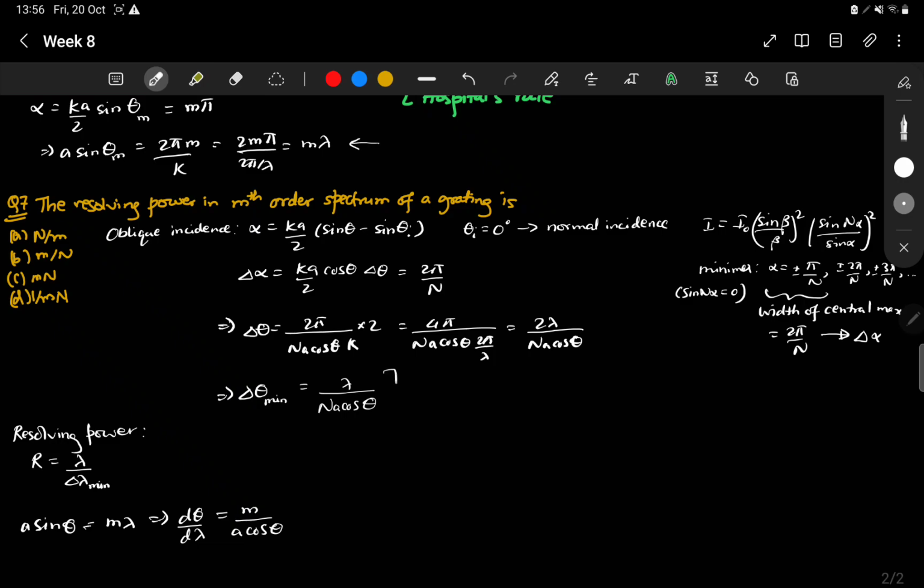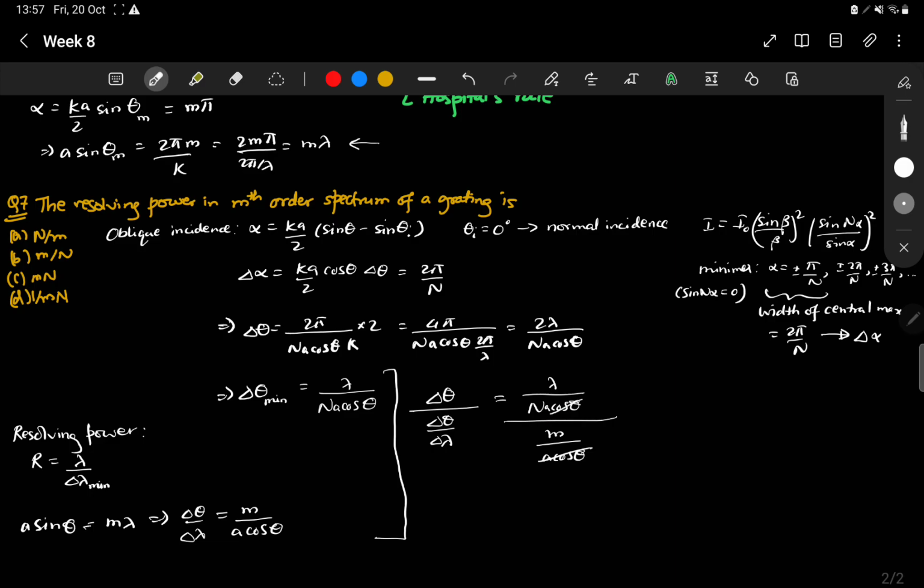So if I combine these two equations, instead of d theta over d lambda, I could write delta theta over delta lambda. So now if I combine these two, delta theta divided by delta theta over delta lambda, then I get lambda over na cos theta over m by a cos theta.